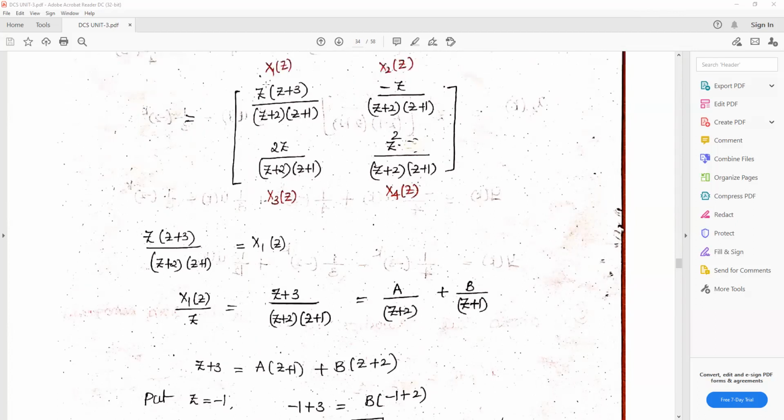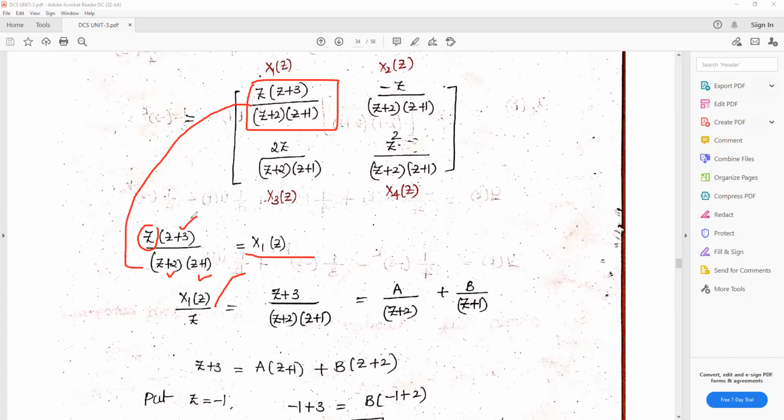The first term, Z into (Z plus 3) by (Z plus 2)(Z plus 1), is taken as x1 of Z. Z is sent to the left side, so x1 of Z by Z is equal to (Z plus 3) by (Z plus 2)(Z plus 1).